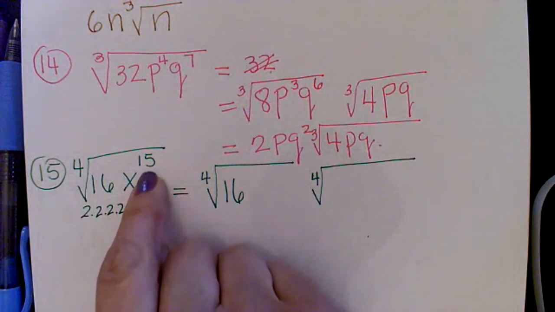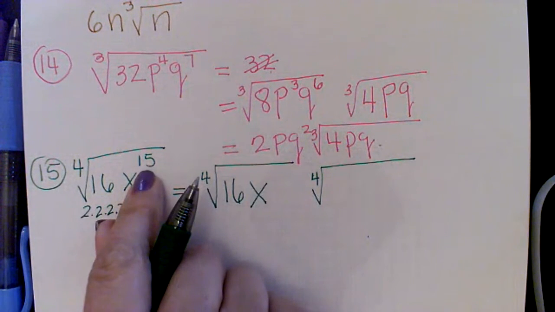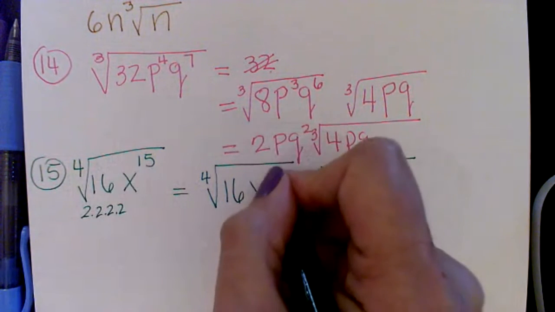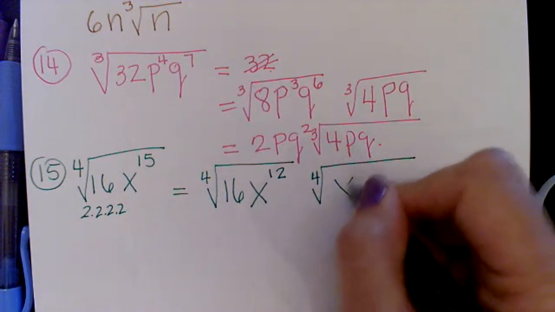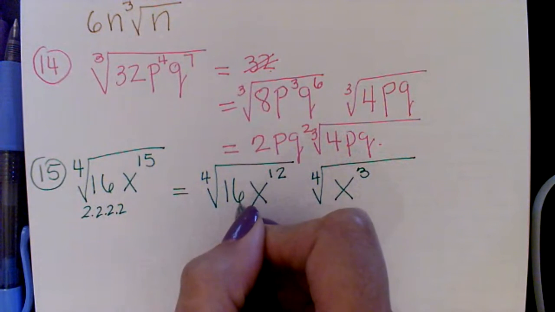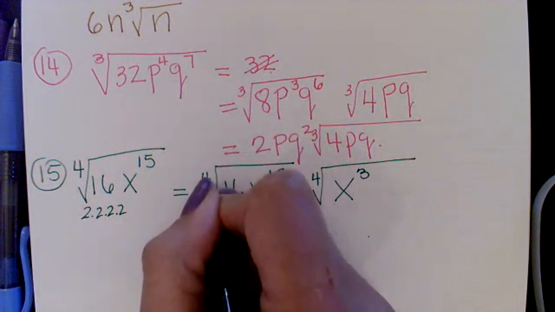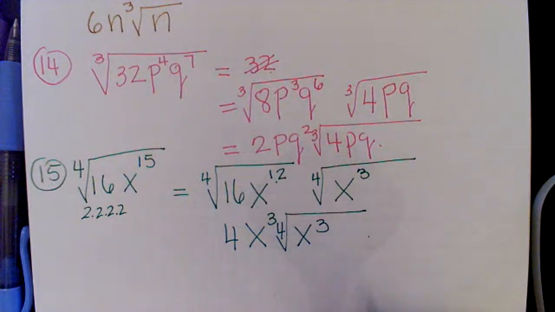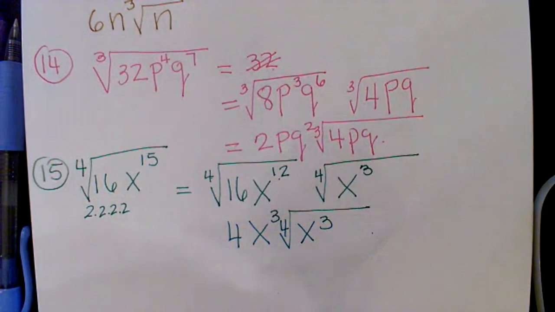Now, this one. The x is going to have to be what? Divided by 4. That would be 12, right? If I have 12 and I divide it by 4, I get 3. The fourth root of 16 is 4. 12 divided by 4 is 3. And this one is going to stay exactly the same. Okay?